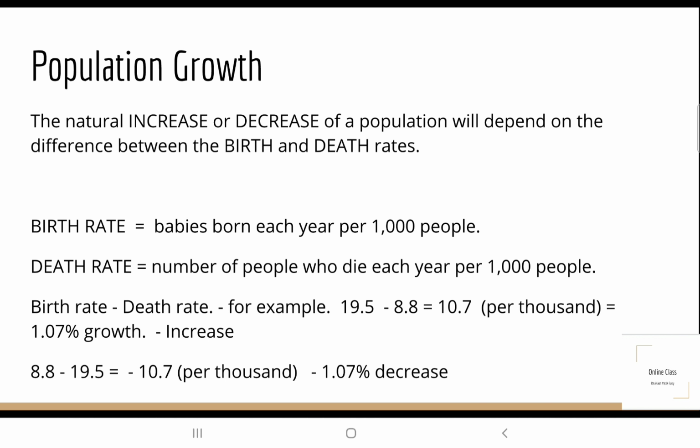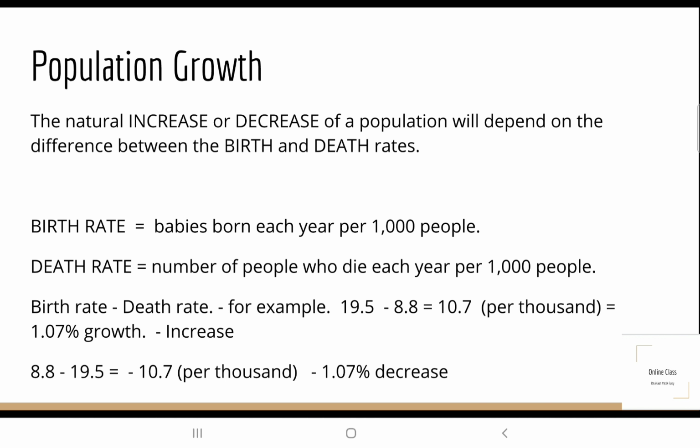The death rate is the number of people who die each year per 1,000 people. To work out the population growth rate, which is called the natural population growth, you take the birth rate and you subtract the death rate.